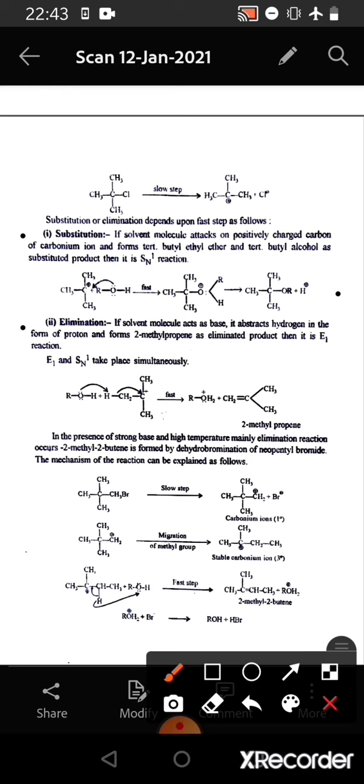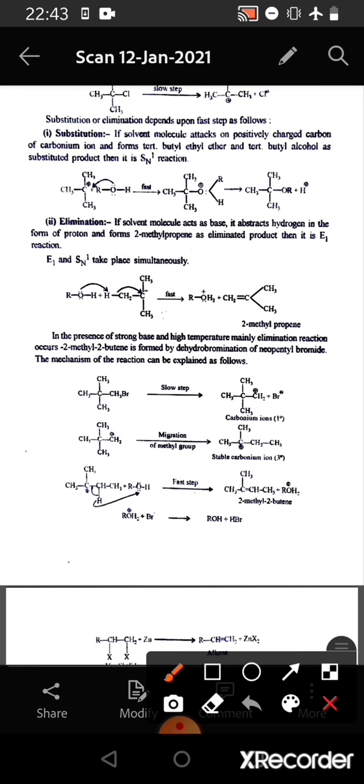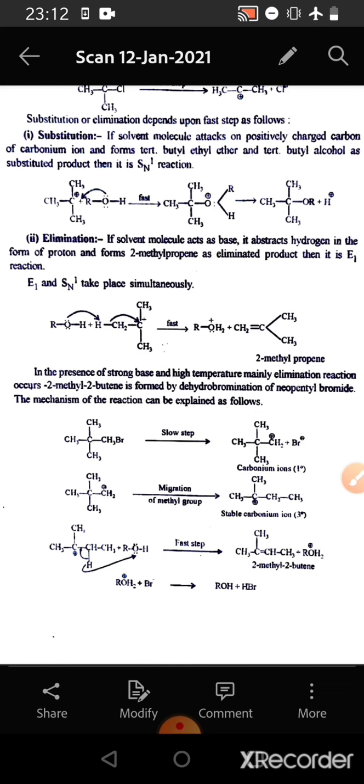And if we consider the elimination reaction, then if the solvent molecule, after the formation of the carbonium ion in the first step, acts as a base, it abstracts hydrogen in the form of a proton and forms 2-methylpropene as the elimination product, then it is considered as the E1 mechanism. E1 and SN1 mechanisms take place simultaneously. In the presence of a strong base and high temperature, mainly the elimination reaction occurs.